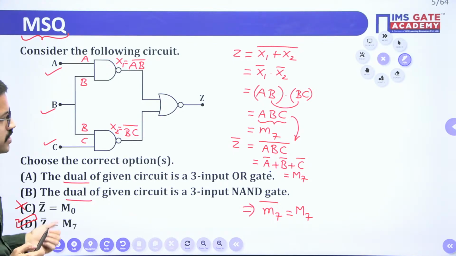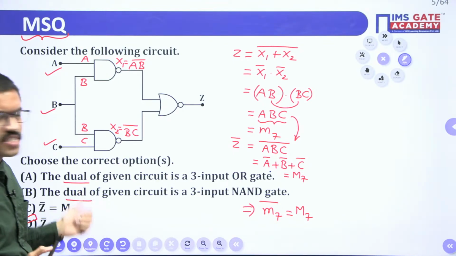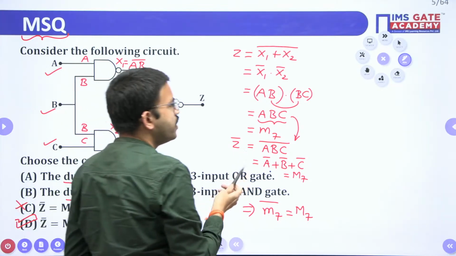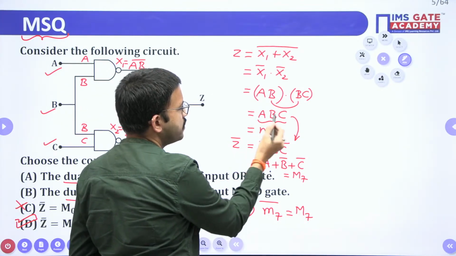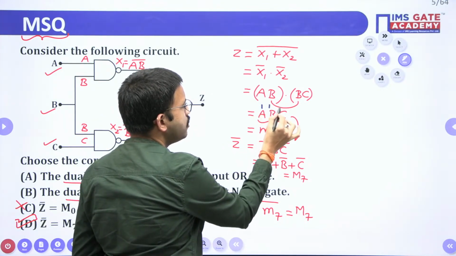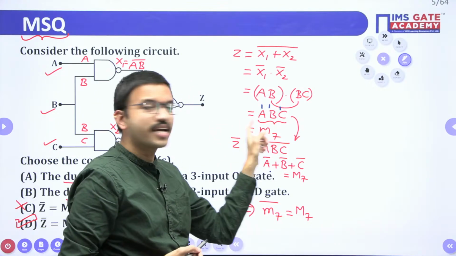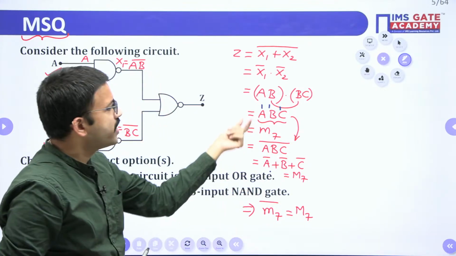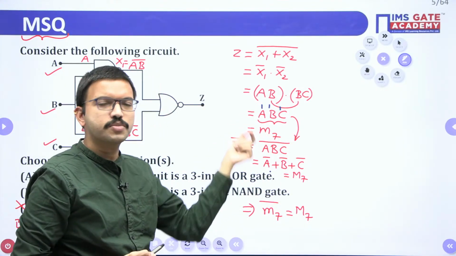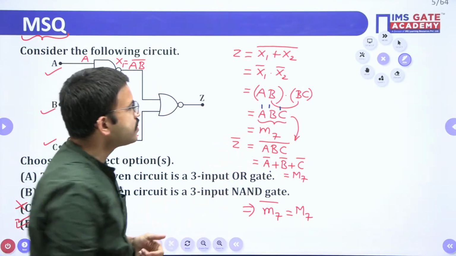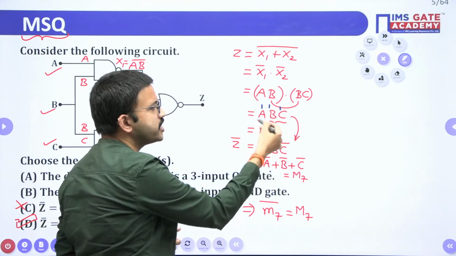Option C is wrong. Here generally students make a mistake. Whenever you are having a minterm like ABC, the values of A, B, C are 1 because all the variables are in the normal form. Suppose any variable is in complement form, the corresponding variable value will be 0. That is the notation we follow for the minterm.